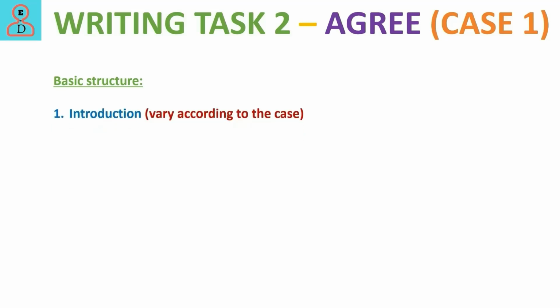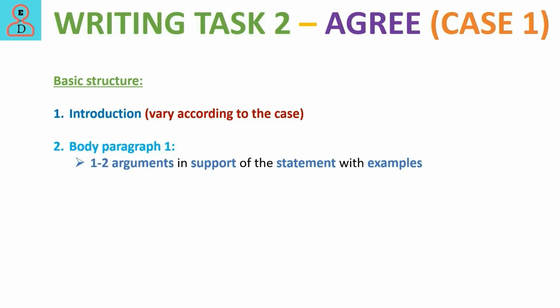First, let's have a look at the basic structure of this type of essay. Obviously, you will start with introduction, but the point to note here is that your introduction will change according to the case or your opinion. After introduction, we come to body paragraphs.